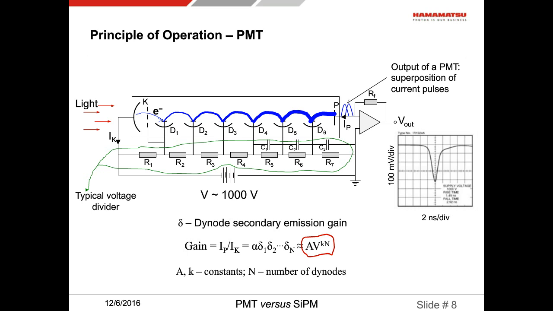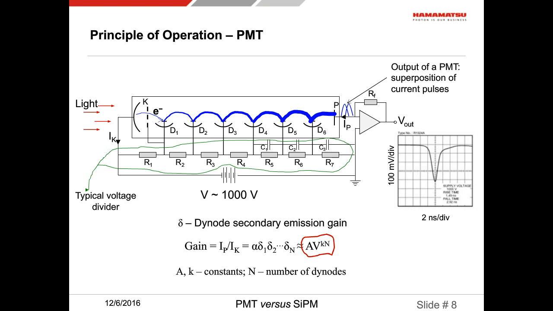A photon comes in, it strikes the photocathode, and if the photon's energy is higher than the work function of the photocathode material, an electron can be emitted. This follows the famous photoelectric effect. The focusing electrodes and the existing electric field inside of the PMT steer this electron towards the first dynode.